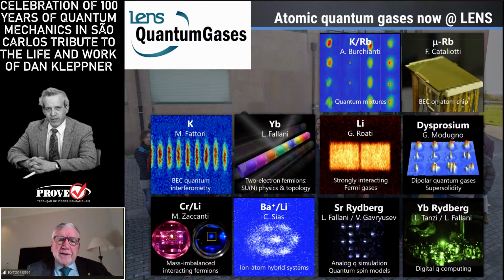I will show you. So again, this is the power of different atoms with different characteristics, but also with the possibility of the Feshbach resonance. And here the list is long. I will just describe some of this.